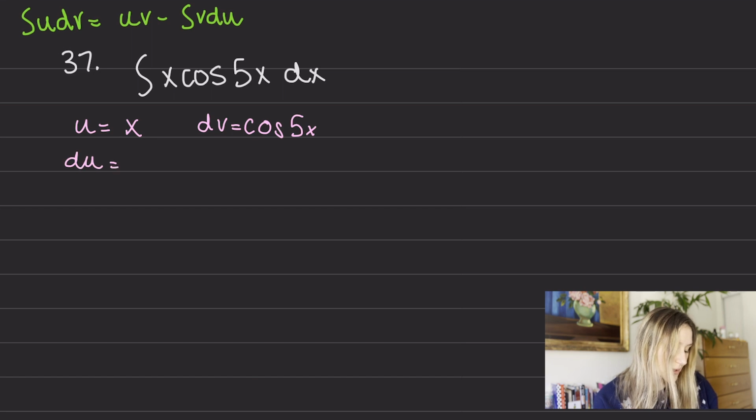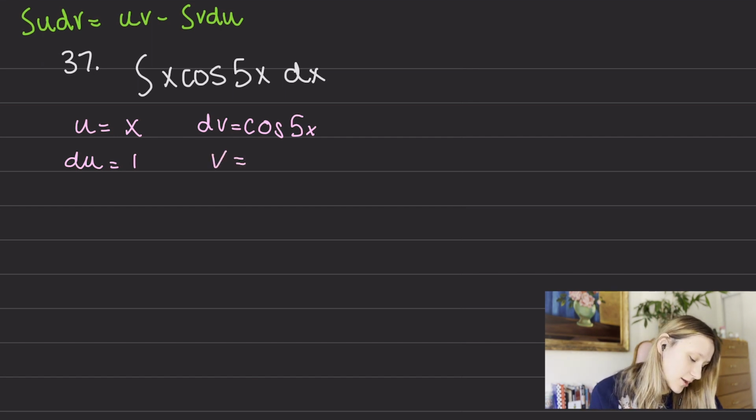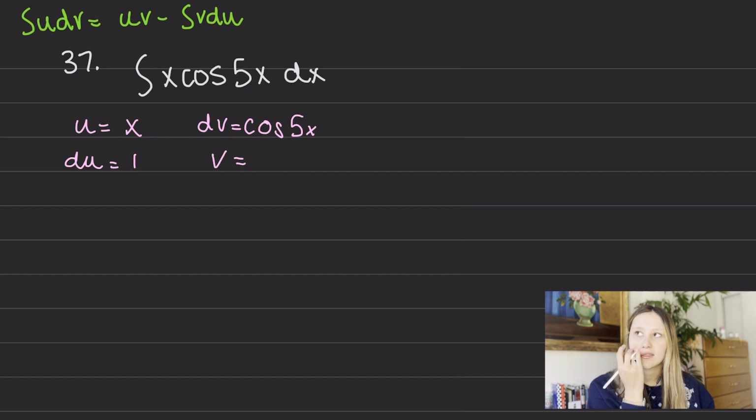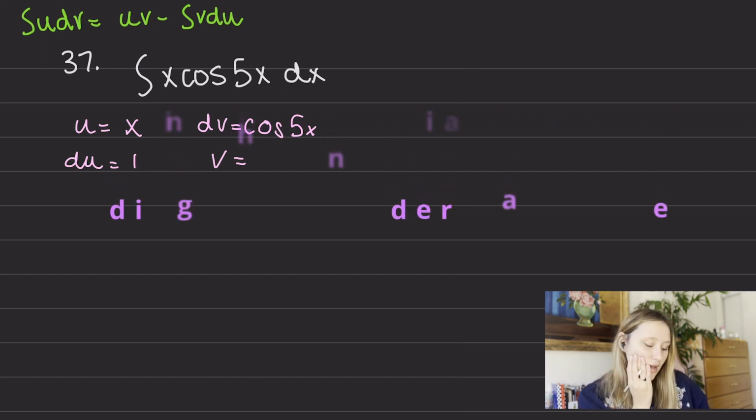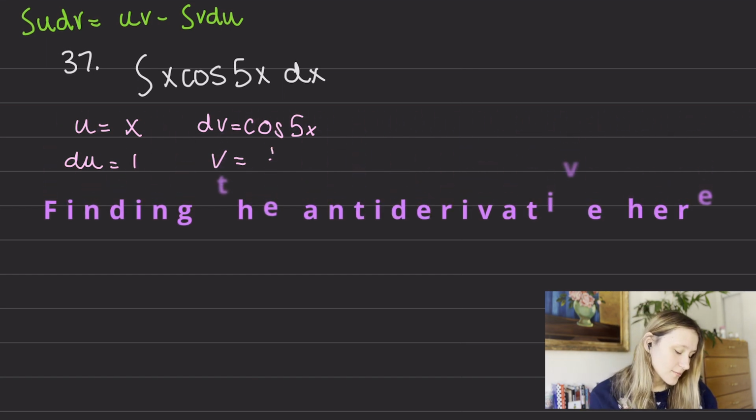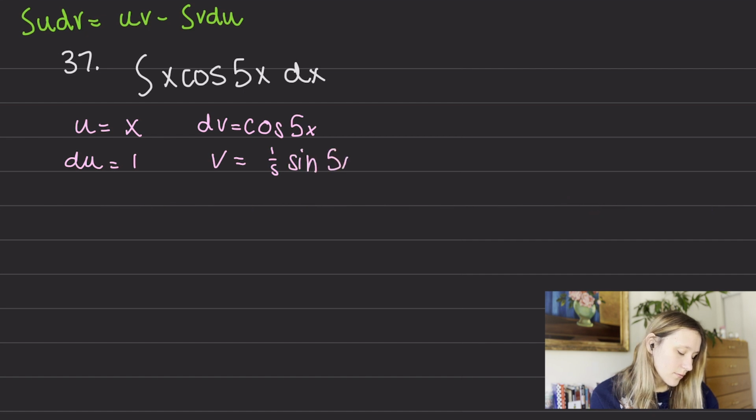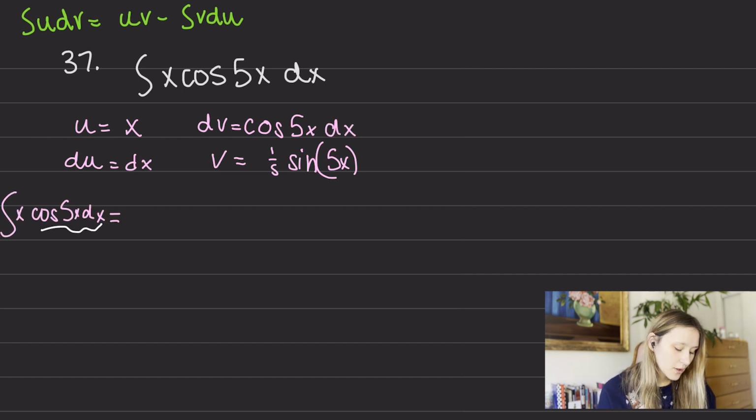du is going to be 1 dx. And then we have v, which is going to be 1/5 sine 5x. By the way, this is going to be a dx there. This is that dv. This is that u.